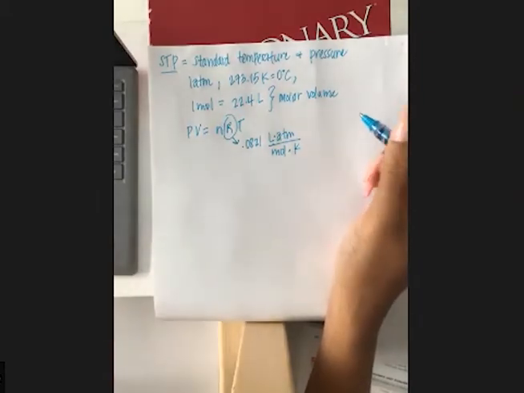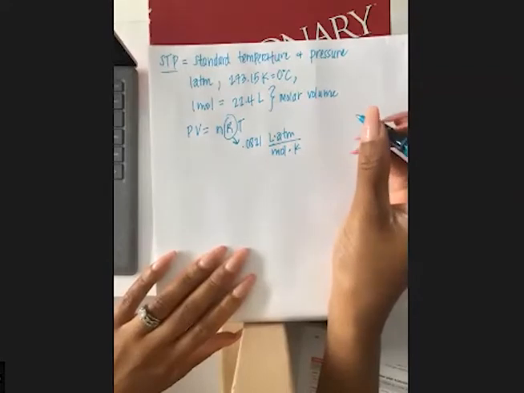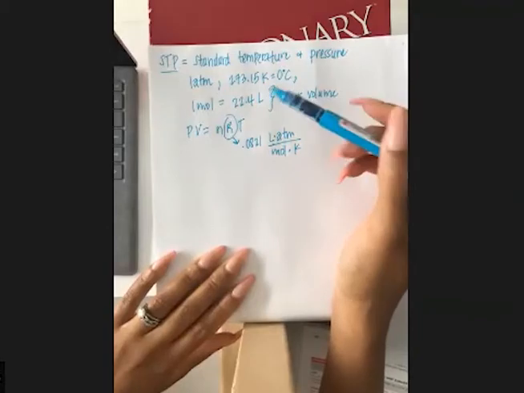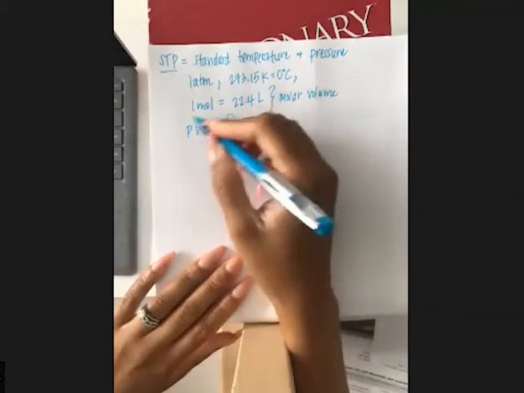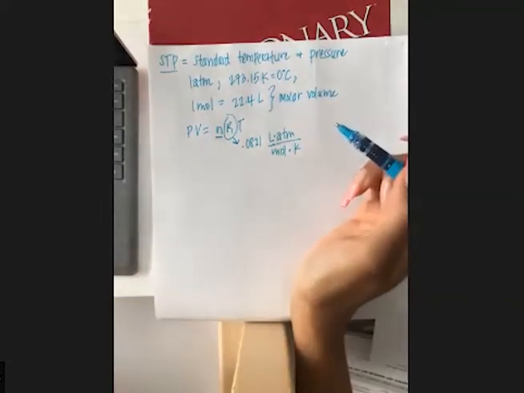But what I'm reminding you of is that we can use stoichiometry in gases as well. Ultimately, we can use the ideal gas law to solve for the amount of moles, or we could use the molar volume to solve for the amount of moles.